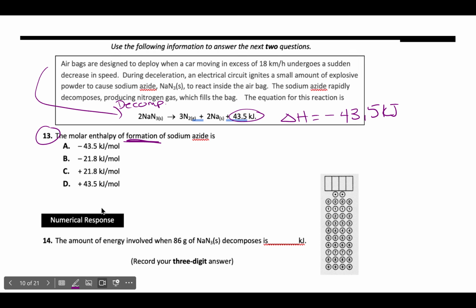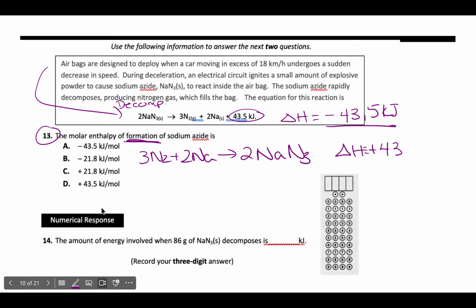So if we flip the reaction so it resembles a formation reaction, instead of having a negative value, we have a positive value. That's our first part, we're going to have positive because it's saying formation. Then we also have to remember that if it's molar enthalpy, you have to divide by the amount of moles that that value represents. So we're going to divide by 2, and the answer will be C.